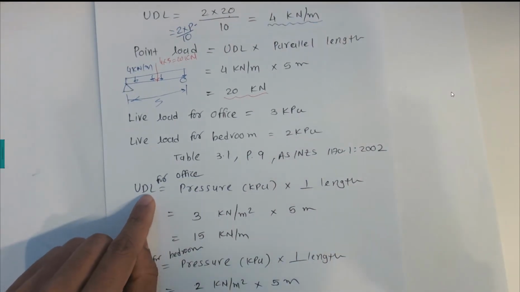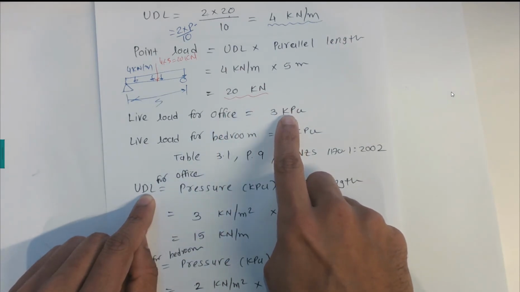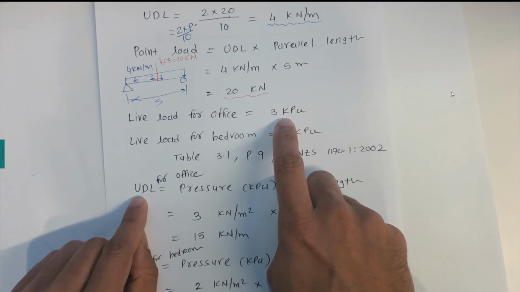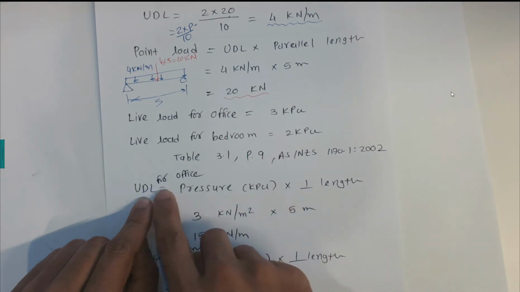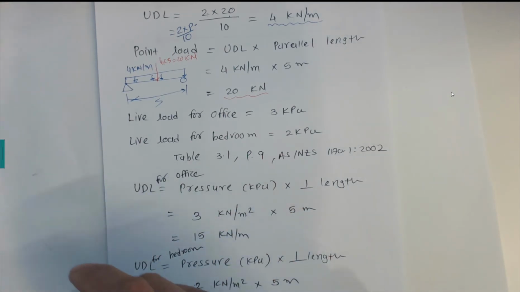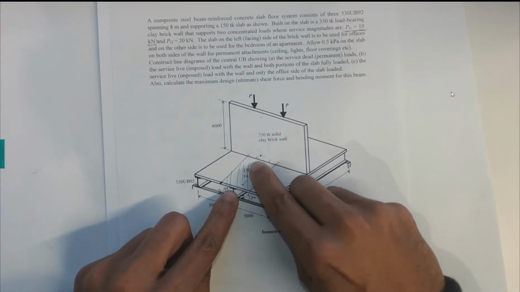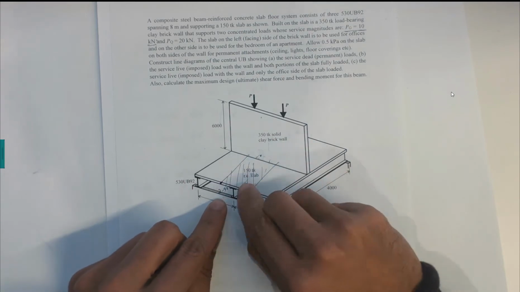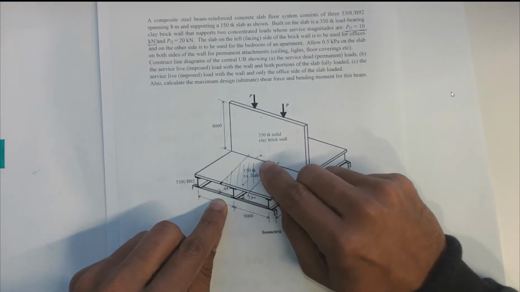Now for the UDL for the office purpose, we know the pressure of the live load coming from the office, and we would like to convert it into a UDL. So pressure times the perpendicular length gives you the UDL. This will create the UDL load on these steel beams in this fashion.